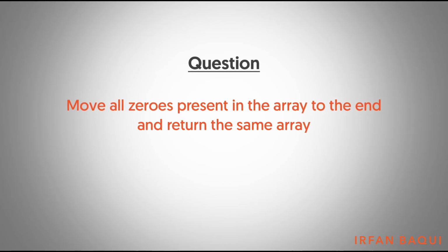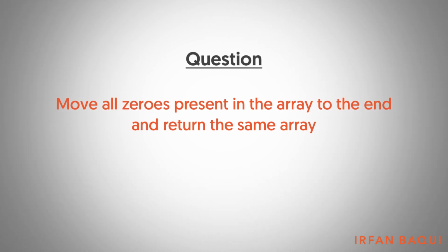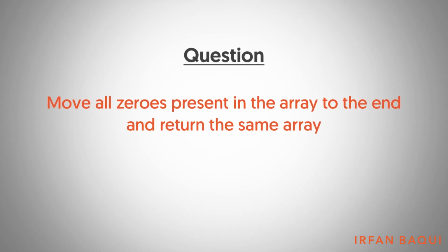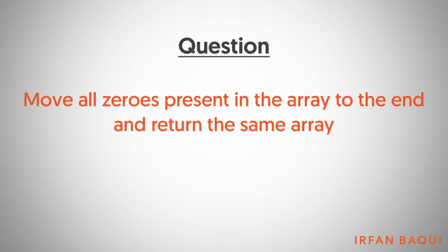So for this week's problem, you're given an array of integers. You have to transfer all zeros in that array to the end of the array. How would you do it in place without creating a new array?